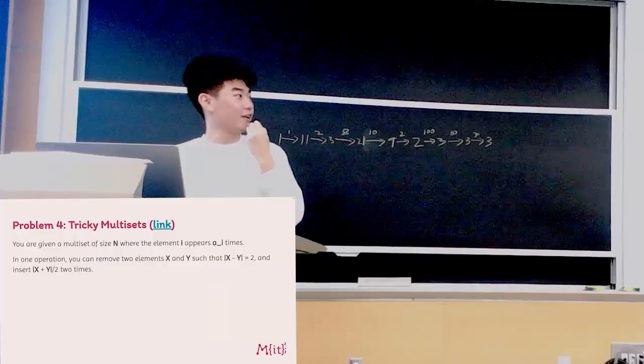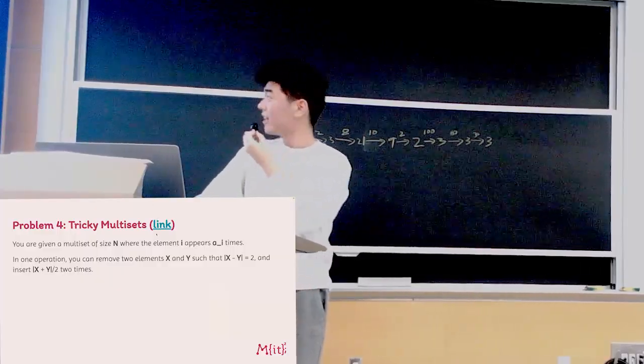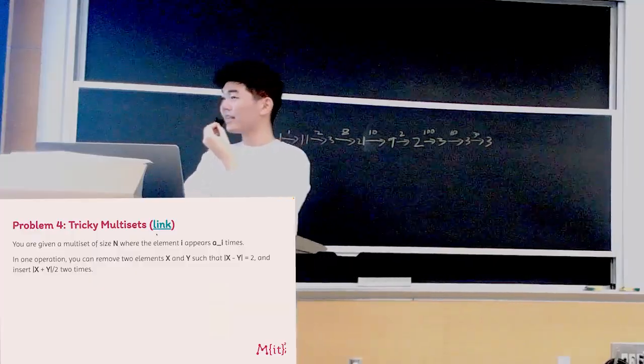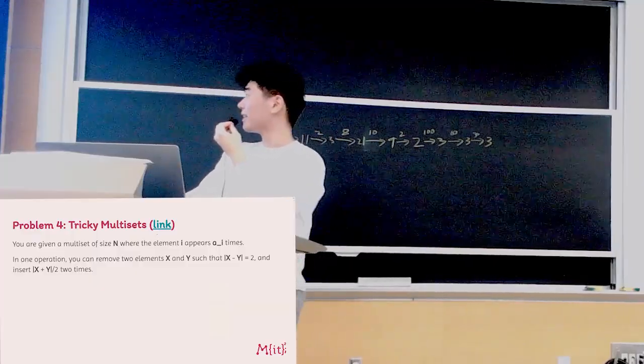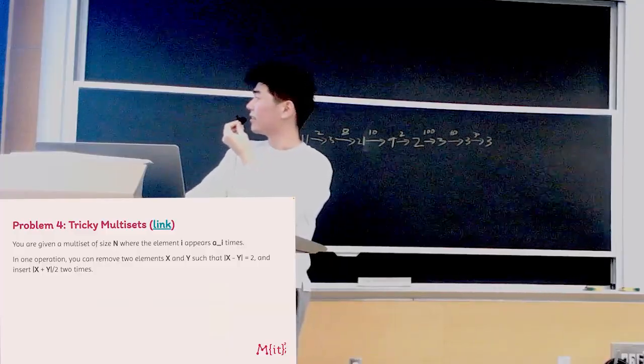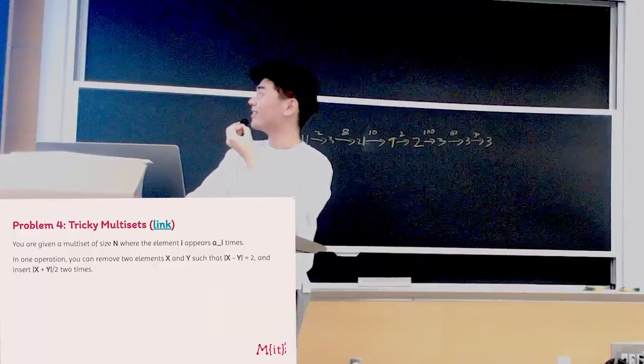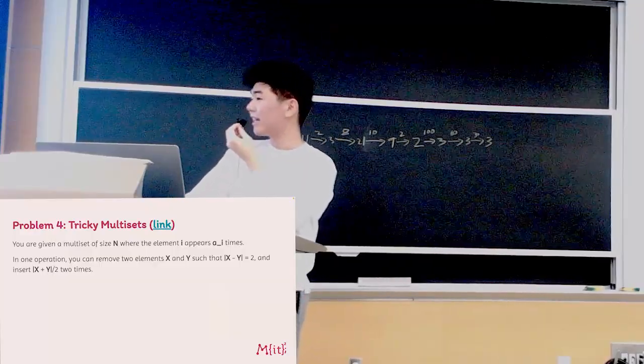Okay, so our final problem, tricky multisets. Basically, you're given a multiset where the element i appears a of i times, with i going from negative n to n.